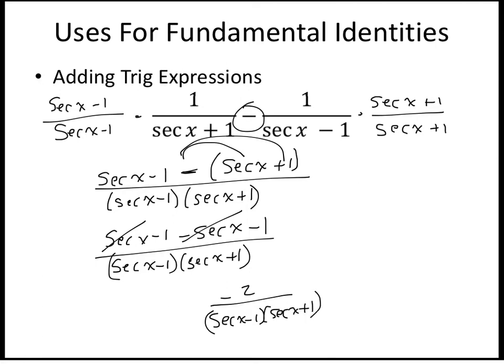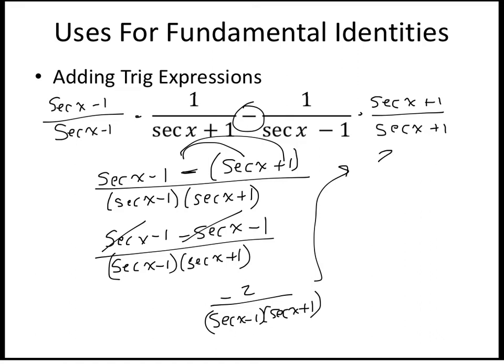Now, I'm going to try to remultiply the denominator back out to see if it helps to simplify this even further, because I know that 1 plus tangent squared equals secant squared, right? So secant squared minus 1 would equal tangent squared. So let's see how this multiplies out.